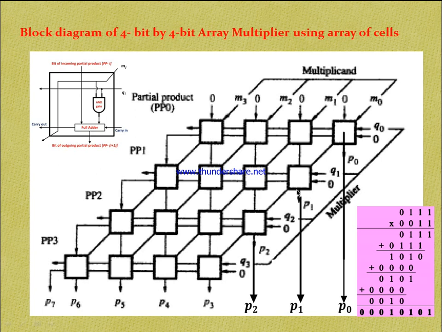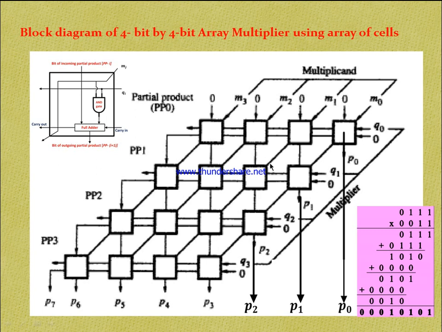Now for this particular cell, this is the carry input, and this carry input is 1. Q1 is 1, carry is 1, and M1 is 1. This is the M1 input, and we have to check the value of this particular input.